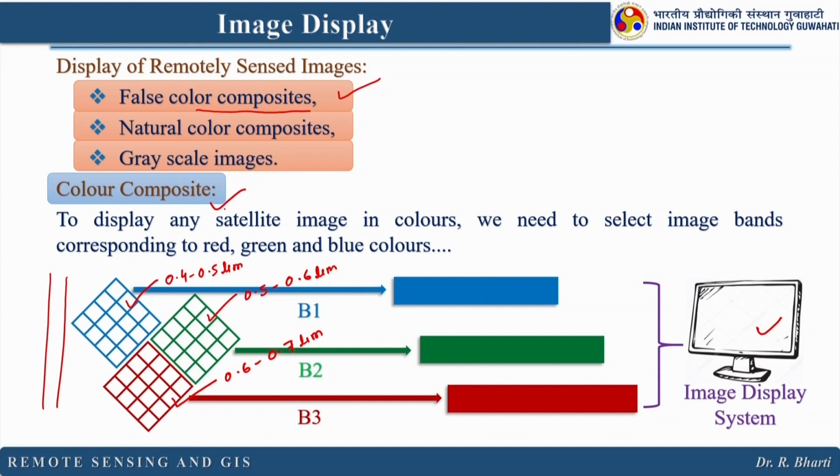In natural color composite, it will have similar colors to how they appear on the ground. In a grayscale image, you will have no color, only the range from black to white, right? There is some convention which we need to follow to call these a false color composite, natural color composite or grayscale image, right?